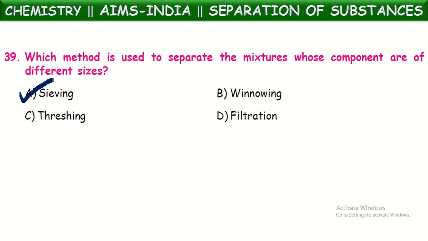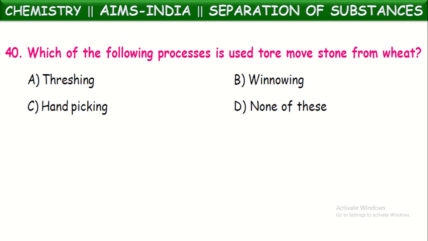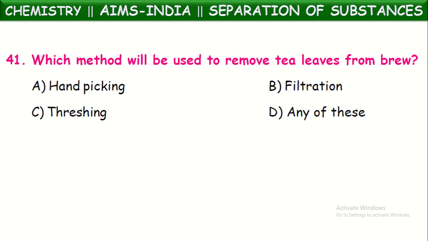Isn't it? That process is called sieving. Next one. Which of the following processes is used to remove stone from wheat? Even from the wheat, stones are separated by using the hand picking process, just like how stones are removed from rice.